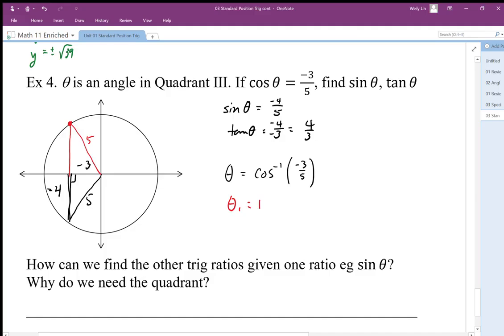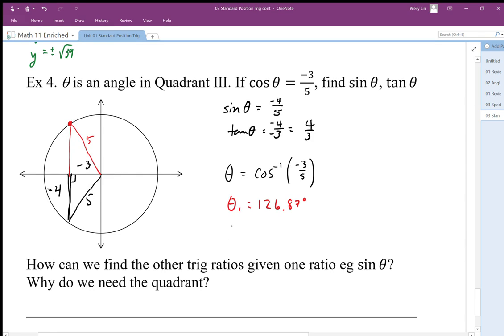It was, what was it again, 126.87 degrees. This is a wrong one. This does not match quadrant 3, so I'm going to have to use some symmetry to get the other angle. So I know that it's 126 degrees from 0 to the right, so I need to go backwards from 360.